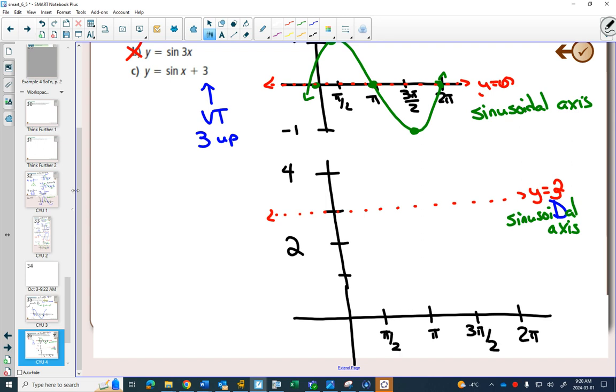And because I'm graphing a sine graph, it starts in the middle going up. So my middle, this is why that dotted line is nice, because it shows you where the middle of your graph is. Sine graph starts in the middle, then goes up to a maximum at the next tick mark, back to the middle, then down to the minimum, and then back to the middle. So middle, maximum, middle, minimum, middle.